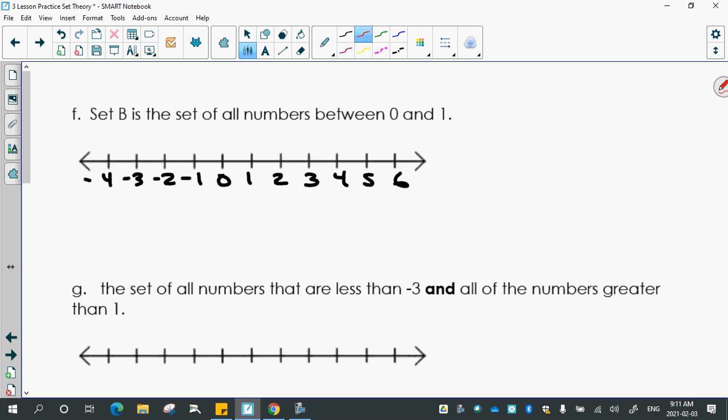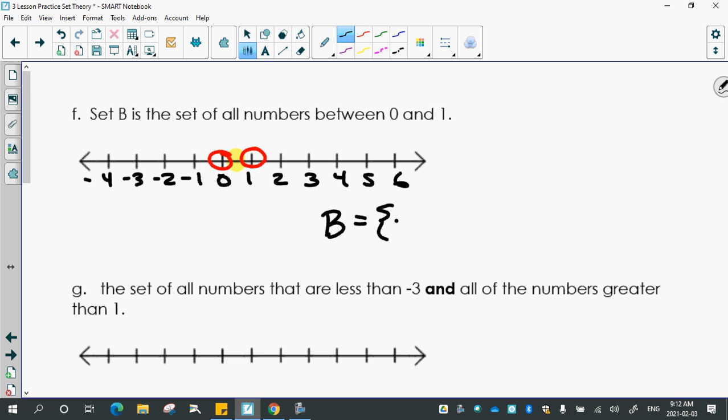So as I walked around, I saw tons of people with an open circle around 0 and an open circle around 1, and then highlighted in the middle, so that's awesome. There's a little set. Pick a person. All right, who thinks they can write that set in set builder notation? Yep.